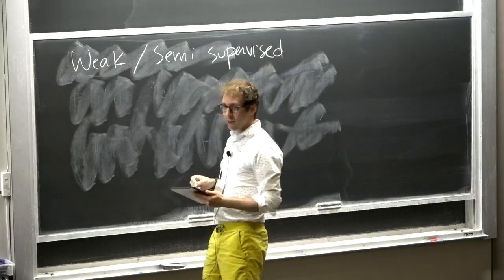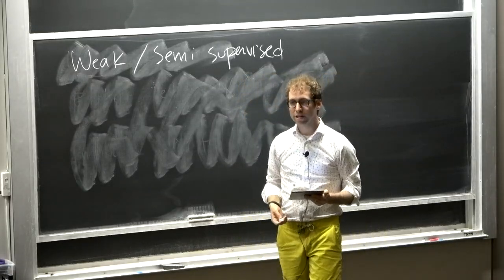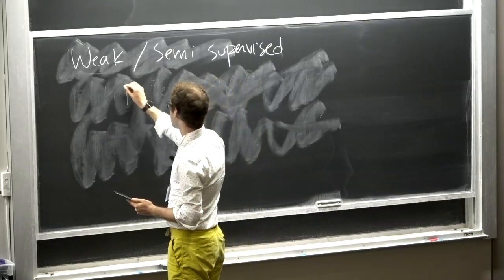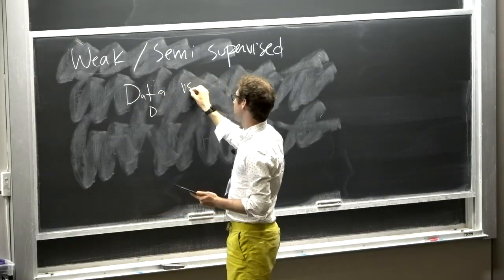There are lots of techniques in this area, but the one powerful strategy I want to spend the rest of the time talking about is where you have data and you compare it against a reference.